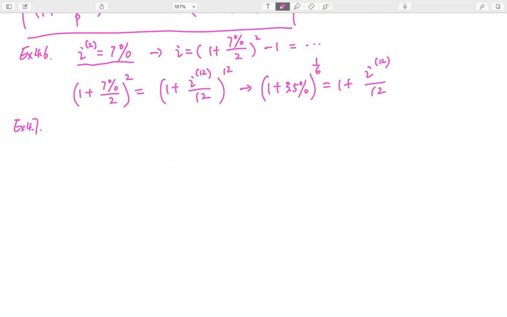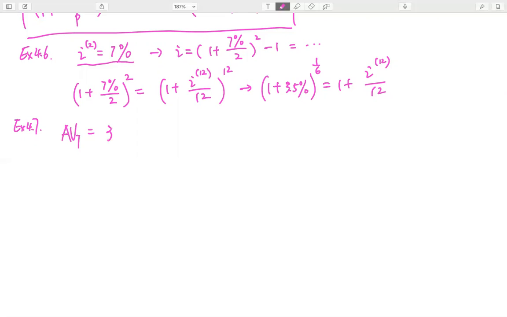In example 4.7, determine the accumulated value at time 7 years of a payment of $30 at time 0. The nominal interest rate is 6% a year, convertible quarterly. So we want to know AV at 7.